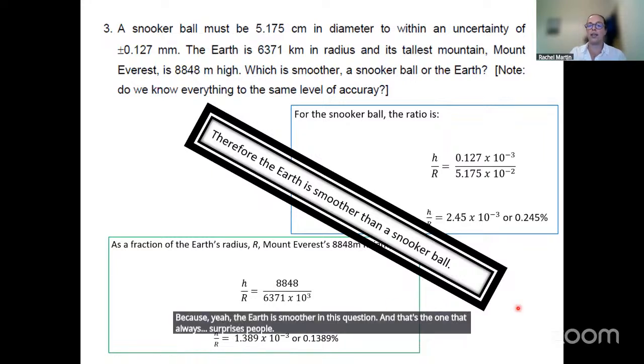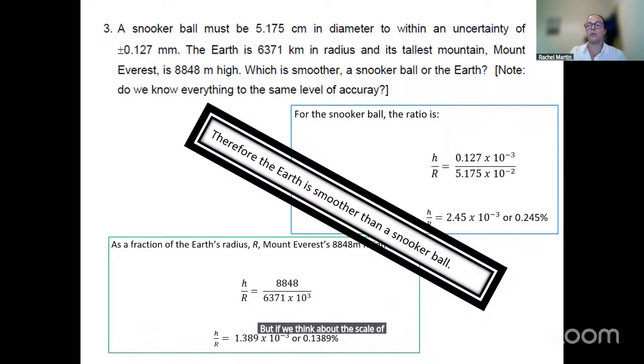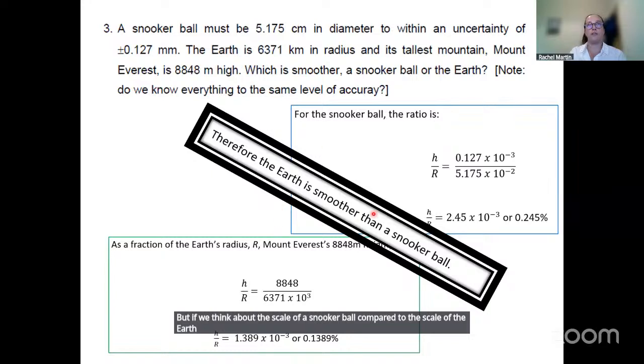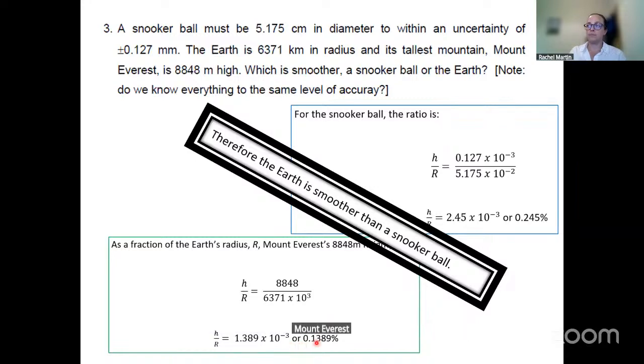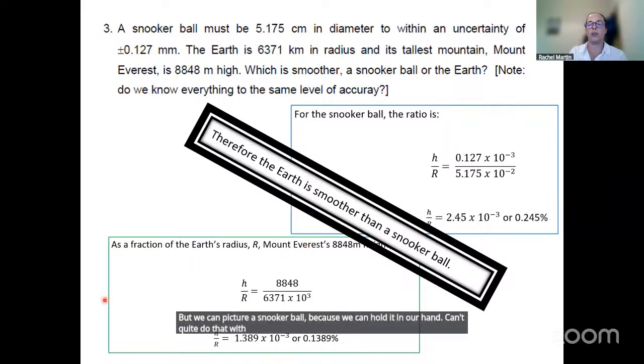But if we think about the scale of a snooker ball compared to the scale of the Earth, and you've proven it through the percentages, Mount Everest actually causes much less deviation in the Earth's surface compared to the uncertainty or lack of smoothness of a snooker ball. But we can picture a snooker ball because we can hold it in our hand. Can't quite do that with the Earth.